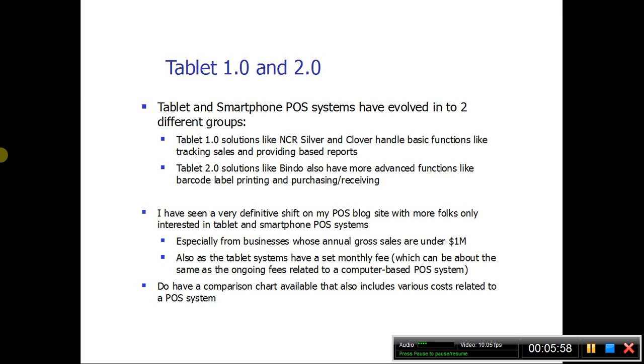There are some new differences that have also emerged just very recently here in 2014, what I'm coining tablet 1.0 and 2.0, or maybe better would be mobile 1.0 and 2.0.